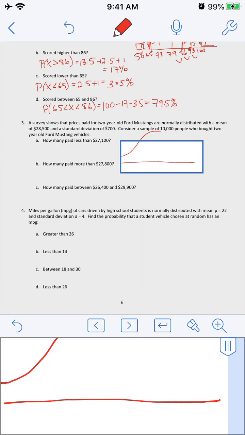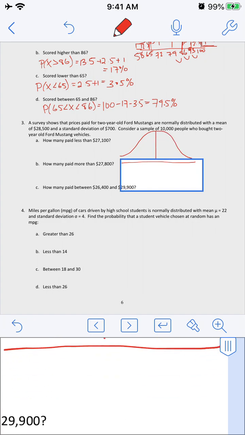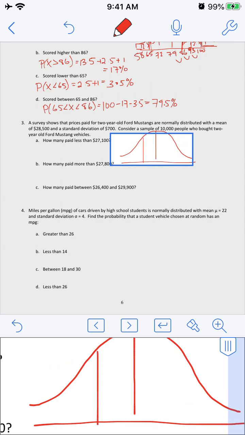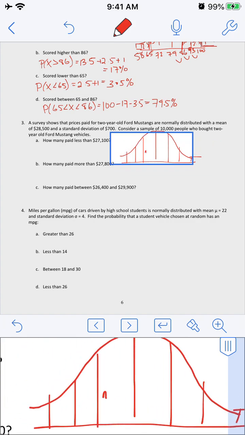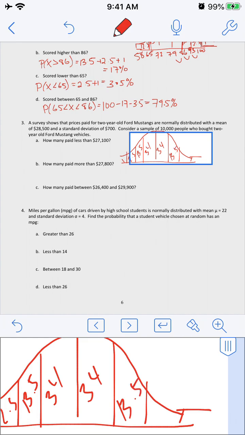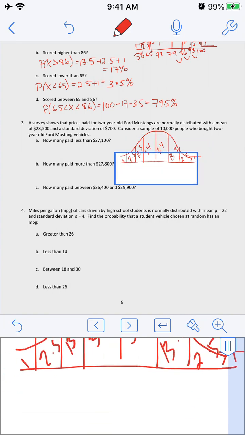Here we go. There's our mean line. Okay, we have the 34, 13.5, 2.5, 1, 13.5, 2.5, 1. All right, and then right in the middle we have that really long number.